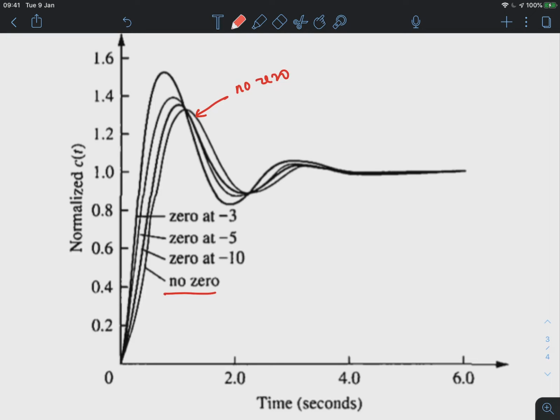Now if I add a zero closer to the origin, which is this one, we see that the maximum overshoot increases. And even if I move the zero further from the origin, at -5 and -10, the maximum overshoot would still increase with respect to the response obtained without the zero.